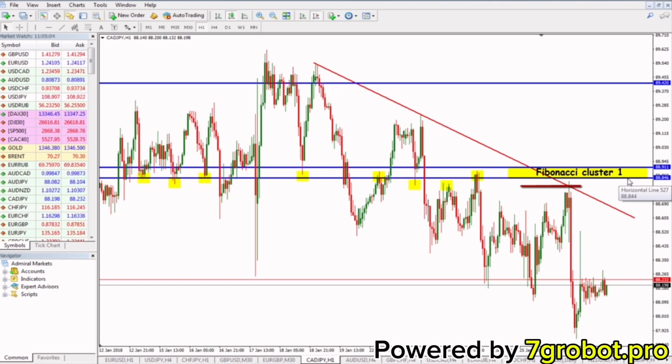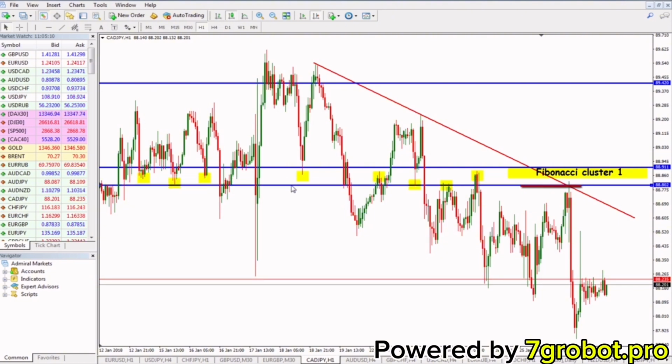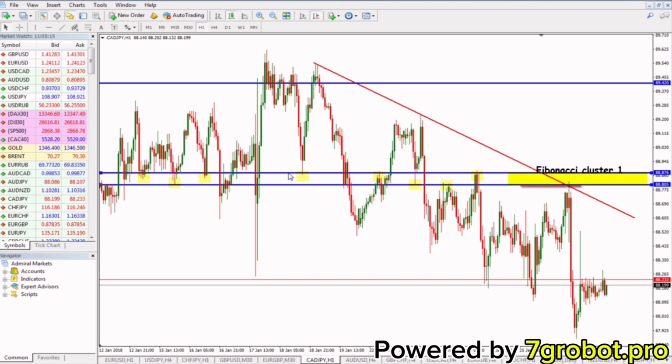If we want to precisely determine the zone based on the tops and the bottoms, we will try to connect the highest and lowest points. This is, next to the trend line, yet another confirmation that the zone of resistance should be moved a little lower. The level of overlapping of the trend line and the first line of our zone is a good level for trade entry.